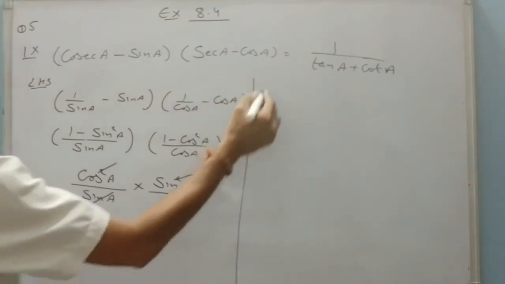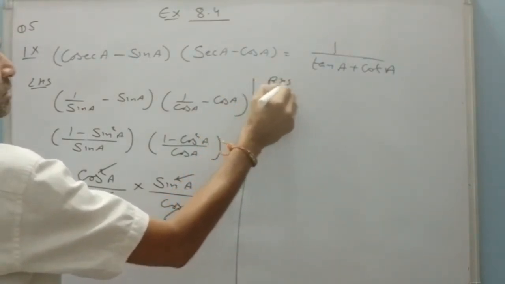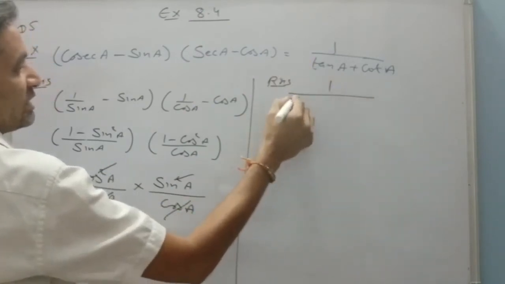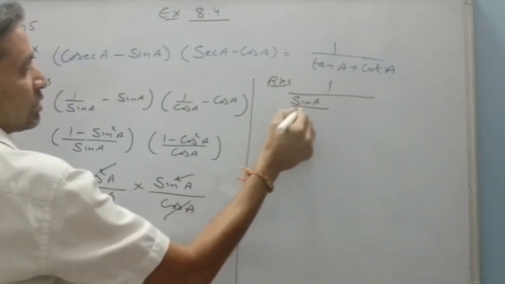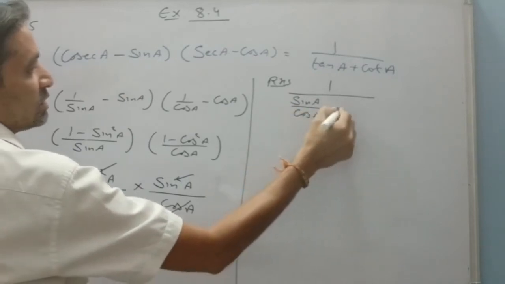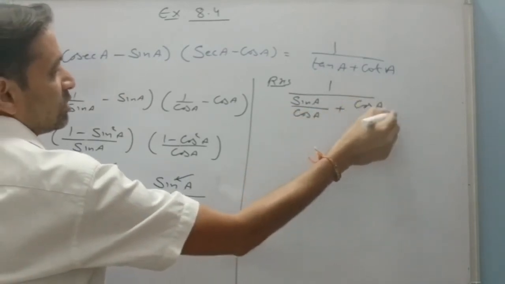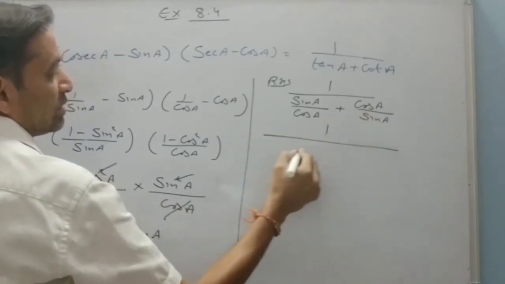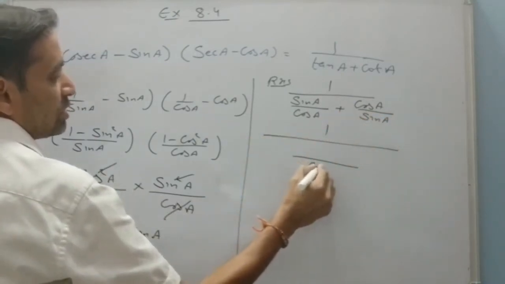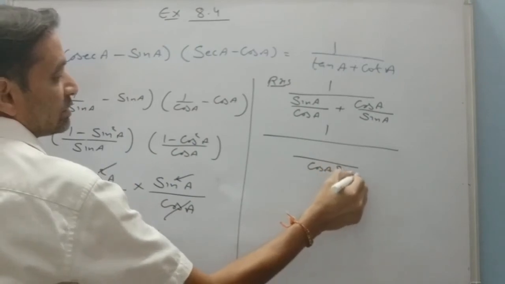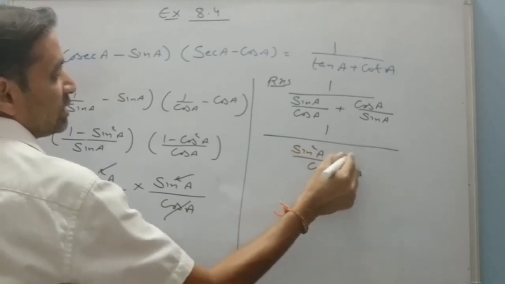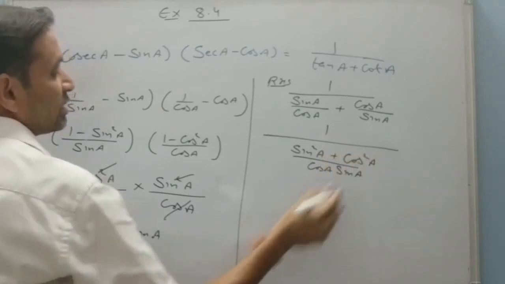Now I am going to RHS. This is 1 upon tan, which can be written as sine upon cos. Similarly, this is cos upon sine. Taking the LCM, that will be cos A sine A. It will become sine square plus cos square.